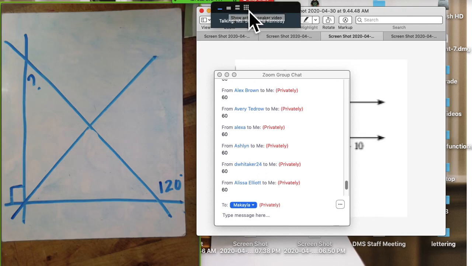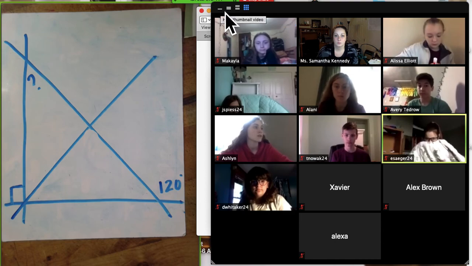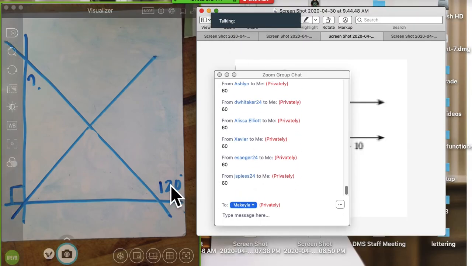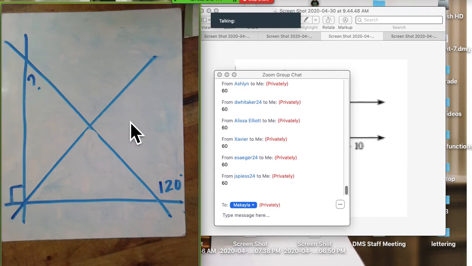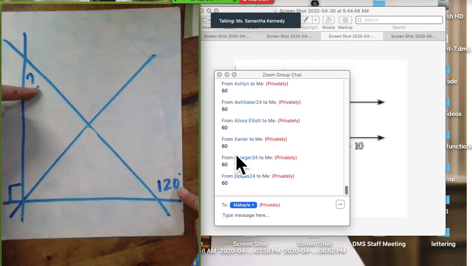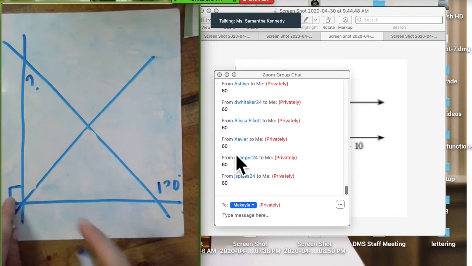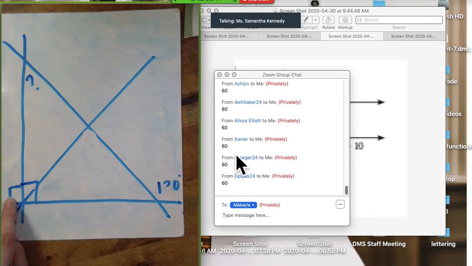Did you guys put your answer on the chat? All right, so if we look at our picture, we have an exterior angle here, and we know that our exterior angle is going to be the addition of the two opposite interior angles, or the remote interior angles. So if this is a 90 here, we know this is a 90, okay?